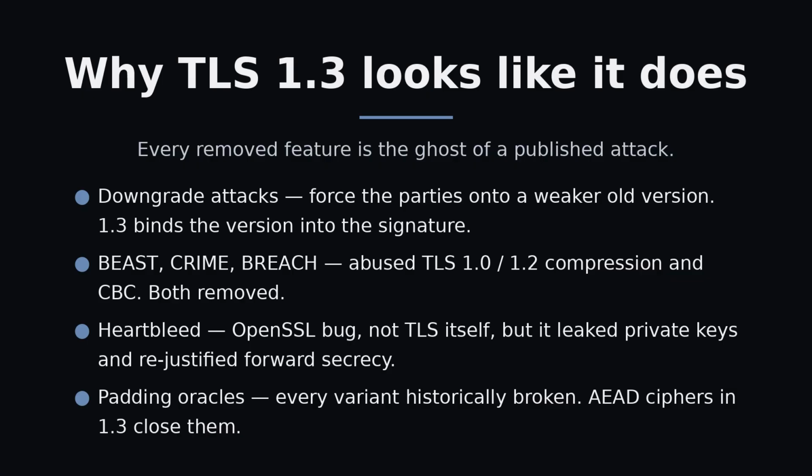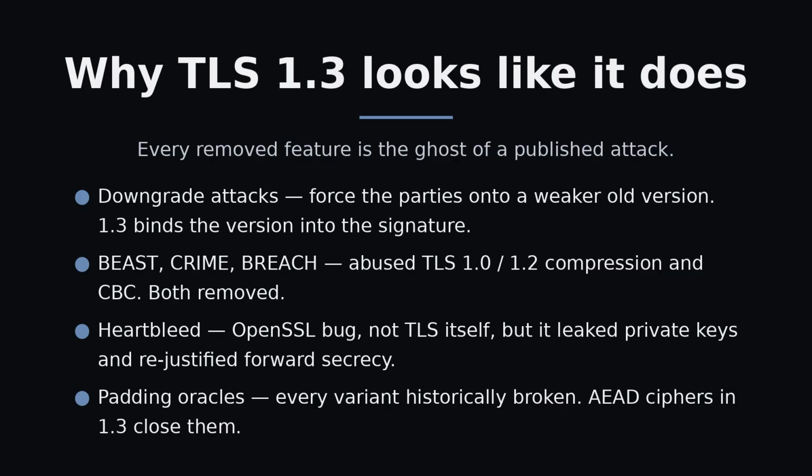Every line of TLS 1.3 has the ghost of an attack behind it. Downgrade attacks tried to trick the two sides into negotiating an older version with known weaknesses. 1.3 fixes that by binding the chosen version into the server's signature, so any tampering breaks verification. BEAST, CRIME, and BREACH abused TLS 1.0 and 1.2's CBC mode and compression, both gone.